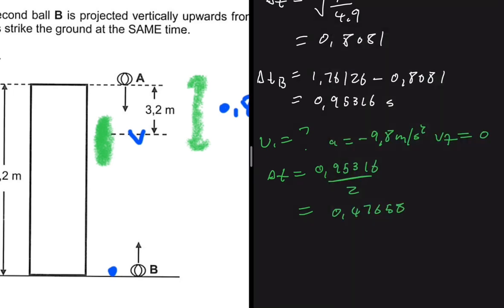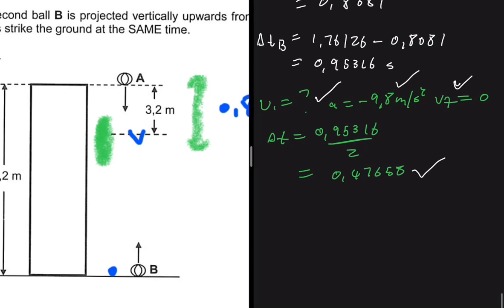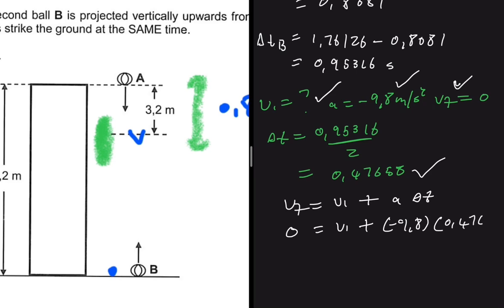I have delta t. I have Vi, and Vi is what I'm looking for. I have acceleration. I have Vf. So it's easy to see now that I can say Vf is equal to Vi plus a delta t. Vf is 0. Vi is what we're interested in, plus our acceleration, which is minus 9.8, multiplied by the time, which is 0.47658.